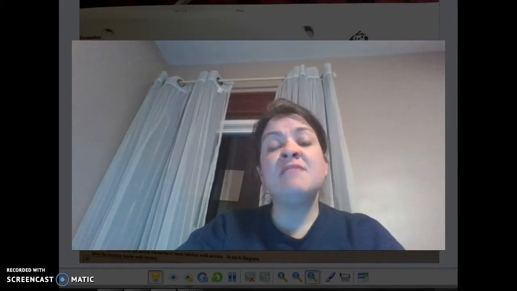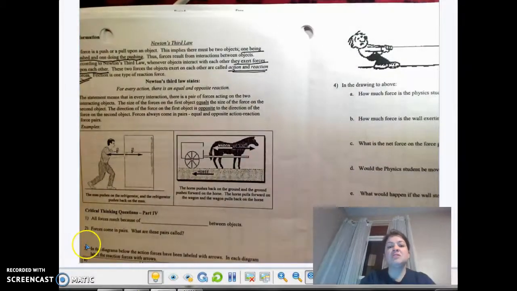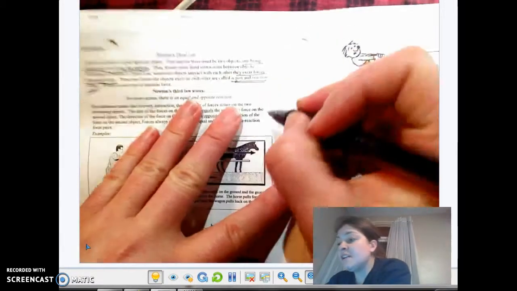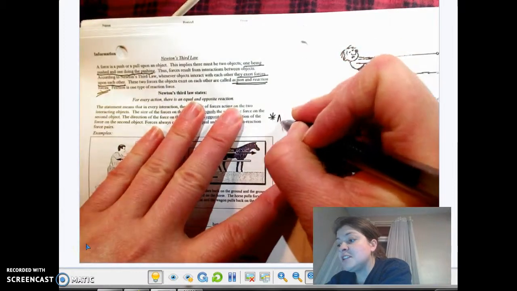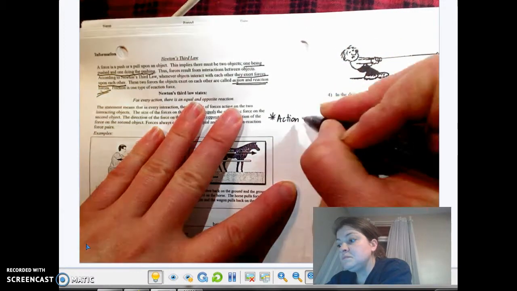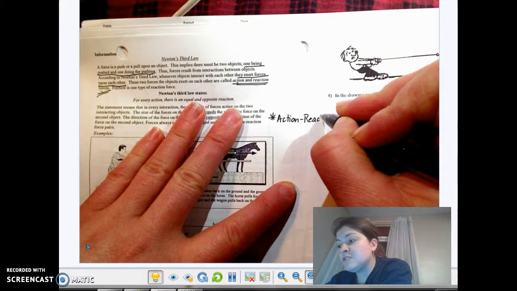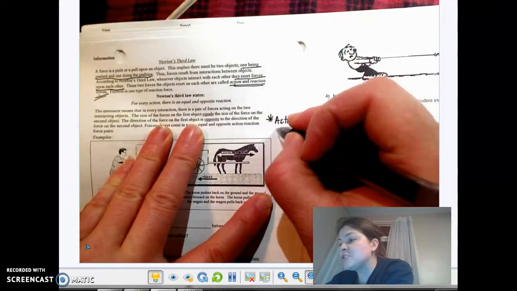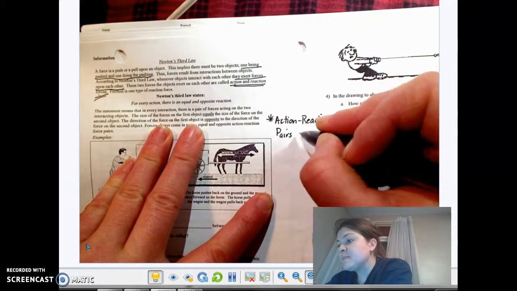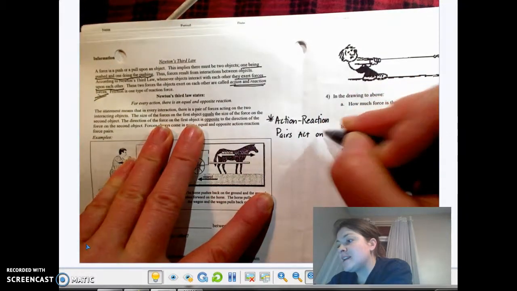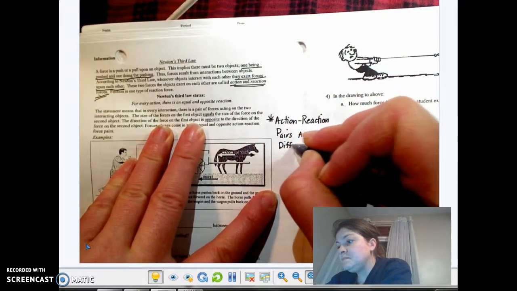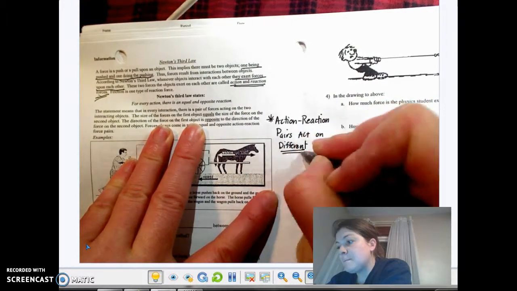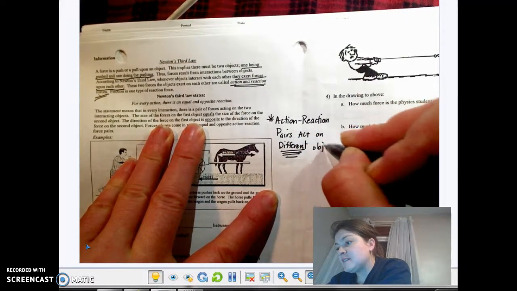And the reason for that, and this is really, really important, and I would recommend maybe you put a star here, is because action-reaction pairs act on different objects. Action-reaction pairs act on different objects.